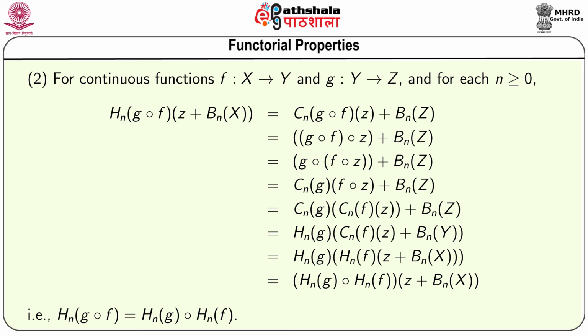That means Hn(g composed f) on z plus Bn(x) is equal to Hn(g) composed Hn(f) operating on z plus Bn(x), so that Hn(g composed f) is equal to Hn(g) composed Hn(f).